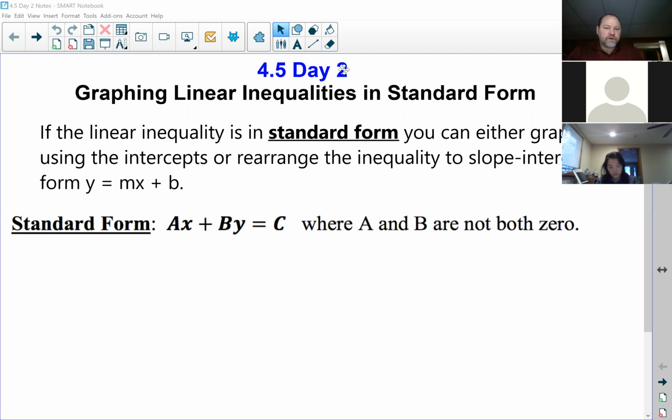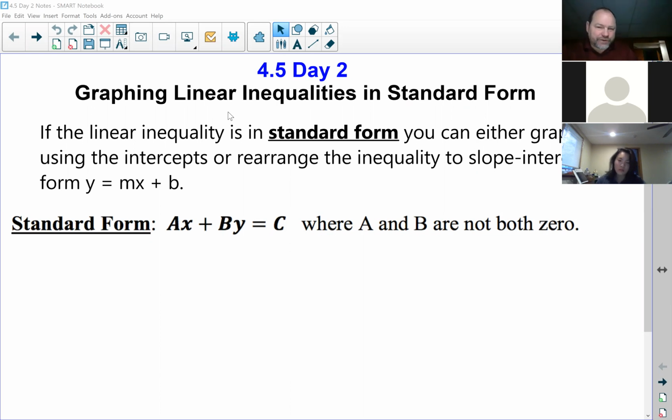All right. So on Tuesday, we graphed linear inequalities that were in that slope-intercept form. And to me, that's kind of the easier of the two methods. Today, we're going to look at what happens if we get a linear inequality that's in standard form.